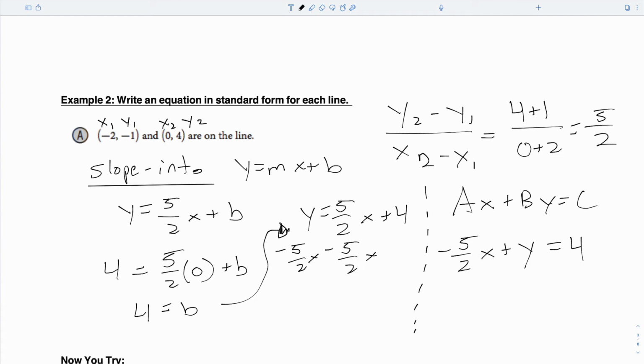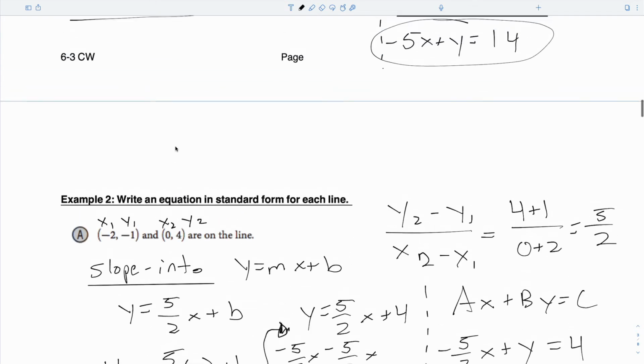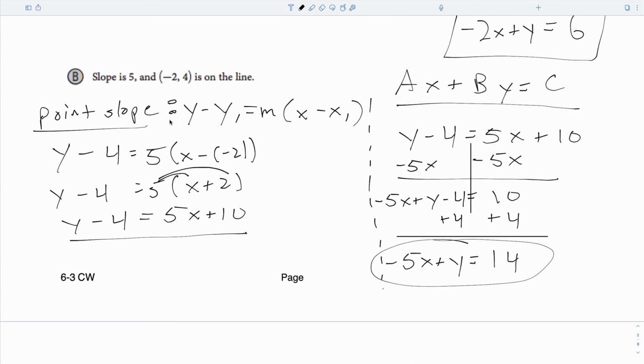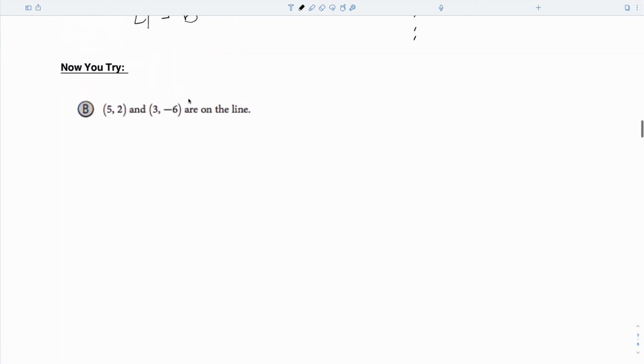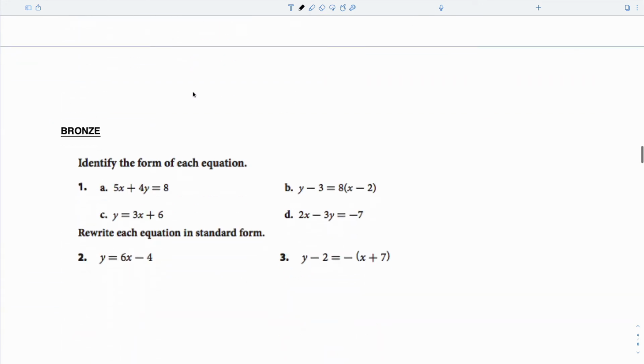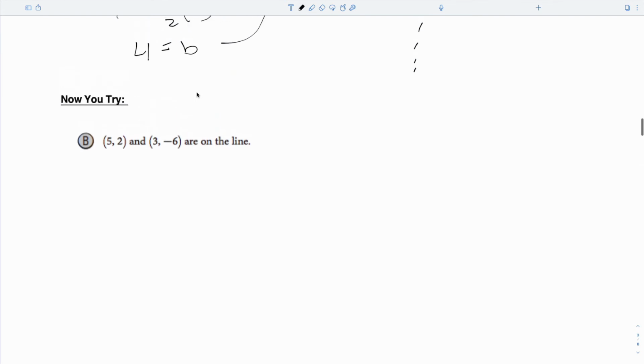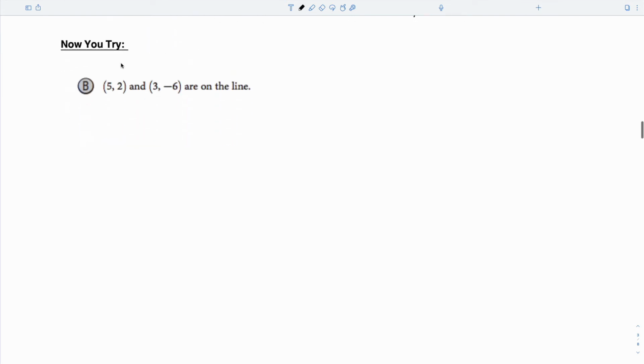Okay. So standard form has a fraction. You can get the same formula using either slope-intercept form to get there or point-slope form. I want you to focus on point-slope form for most of your bronze today. But if you would like to, just go ahead and try whatever method you want for the U-try.